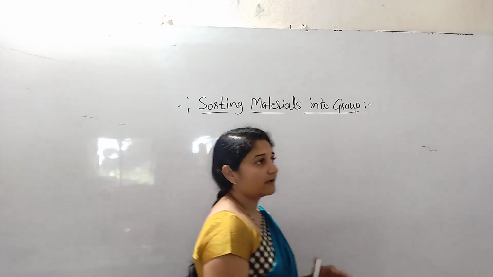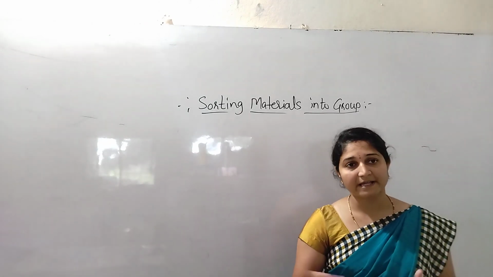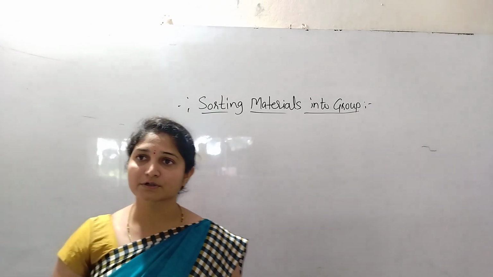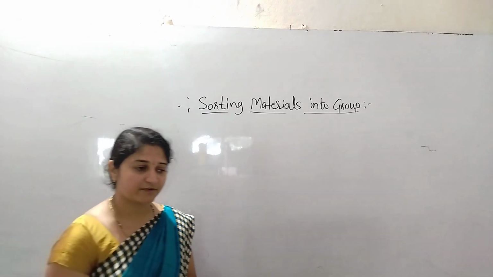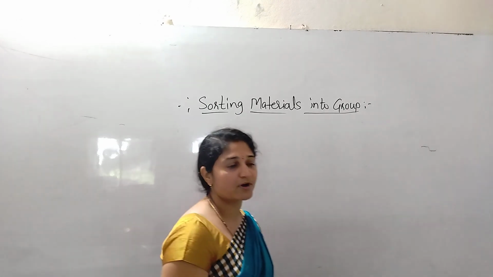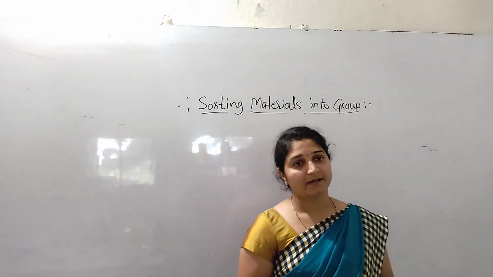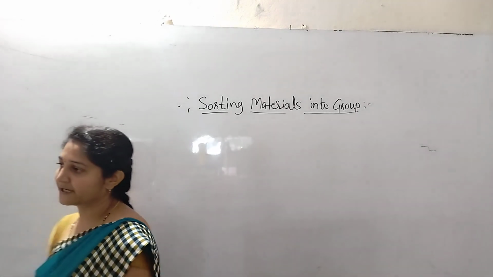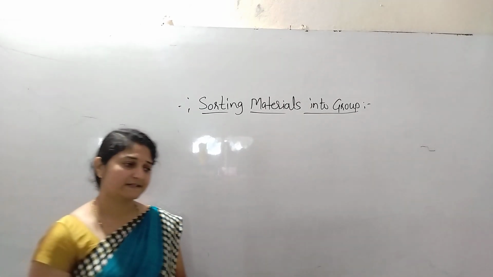Okay, then if we observe our surrounding objects, we will come to know that some are made up of metal, some are made up of wood, right? And some are made up of fabrics and plastics, right?